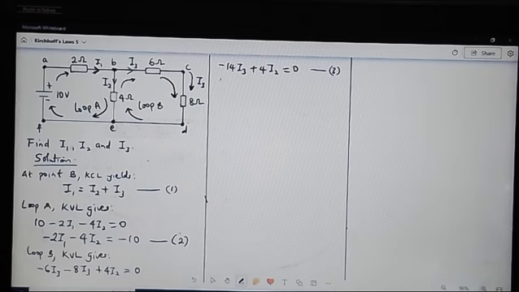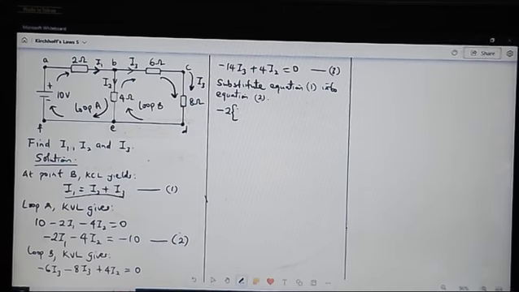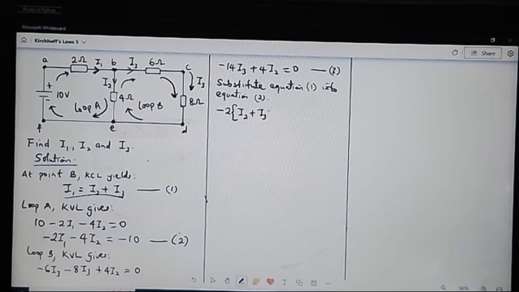So from equation 2, we now say minus 2 into I1, which is I2 plus I3, so we say I2 plus I3, minus 4I2 equal to minus 10.